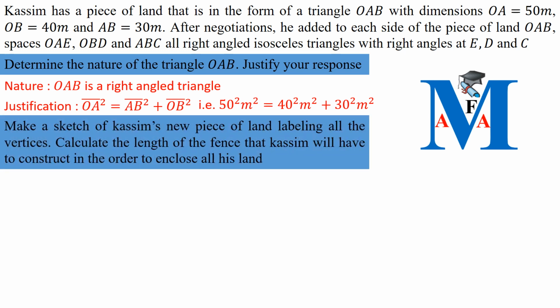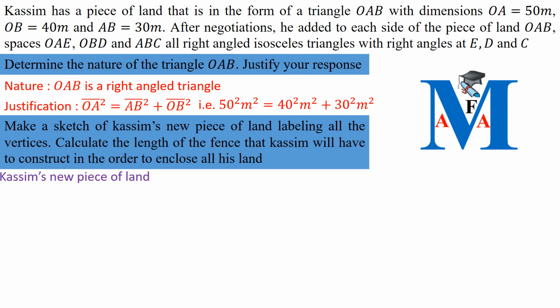Now, the second part of the question is asking us to make a sketch of Kasim's new piece of land, labeling all the vertices. Then later on, we calculate the length of the fence that Kasim will have to construct in order to enclose all his land. We are going to begin with the first part, which is sketching the new piece of land of Kasim.